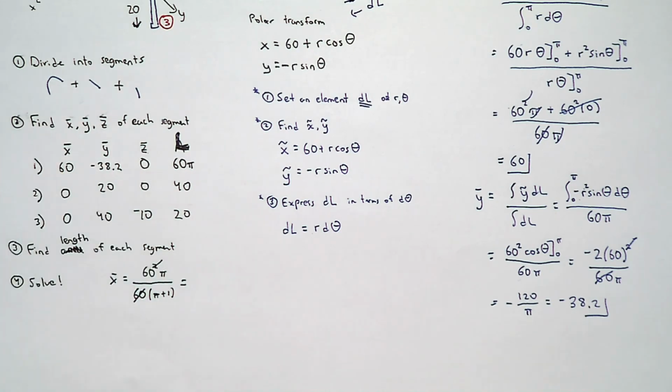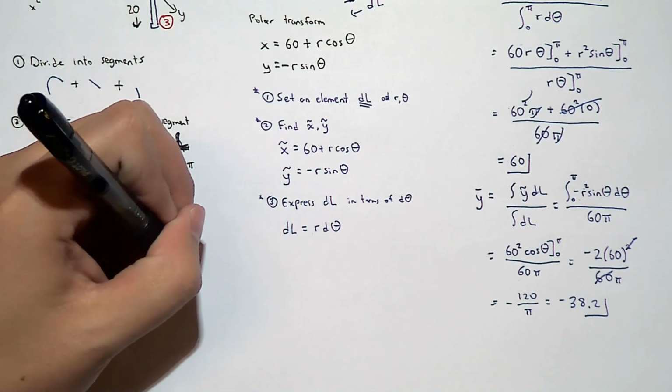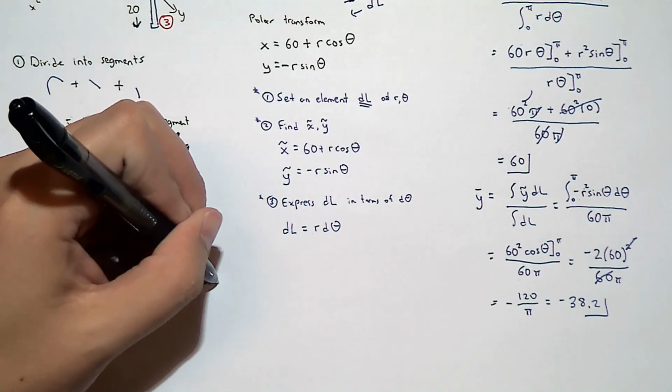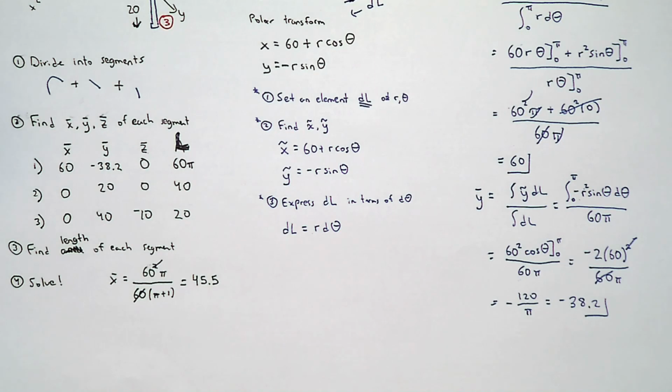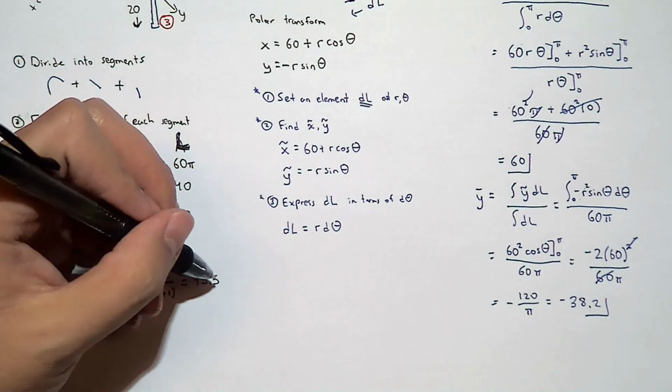This gives me an x coordinate of 60 pi divided by pi plus 1. How much is that? Thomas, is that correct? X bar, 45.5, yes. Okay. 45.5. Good.